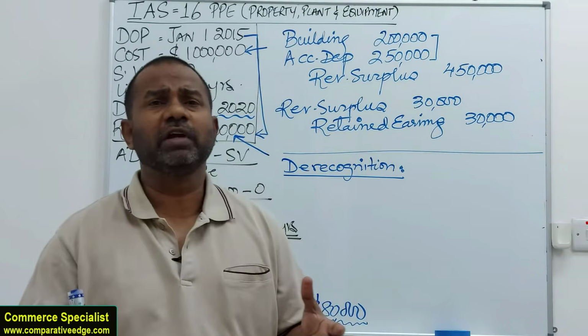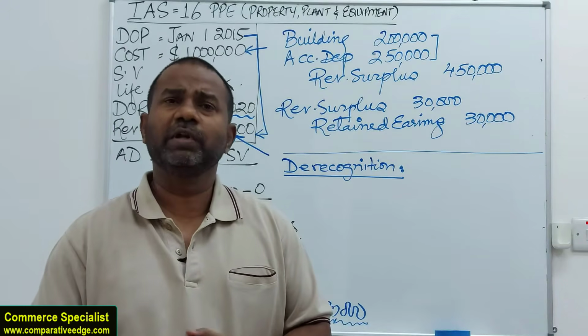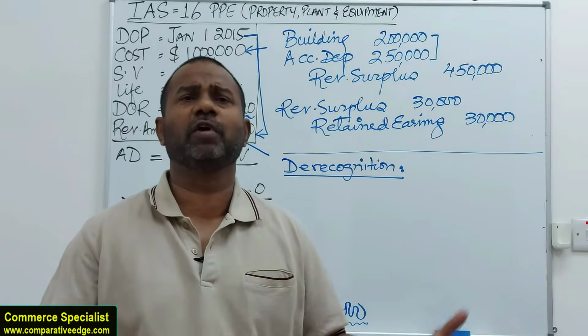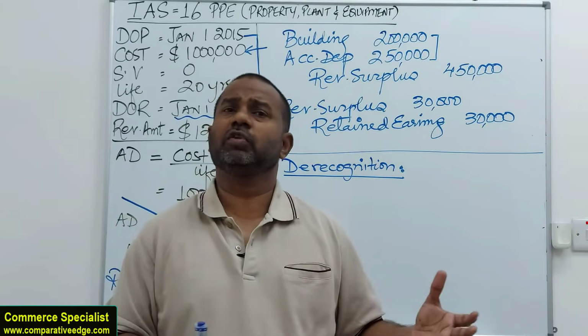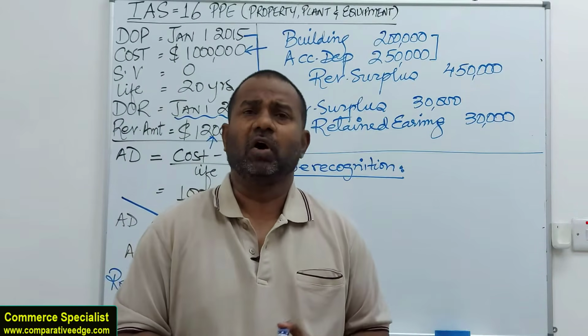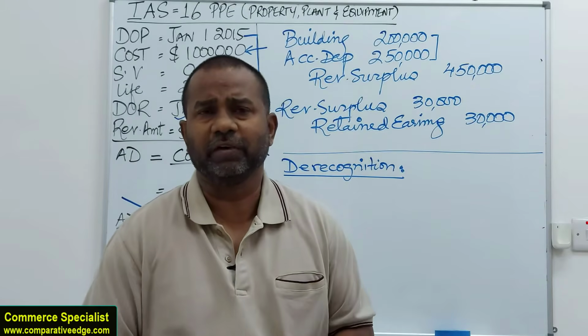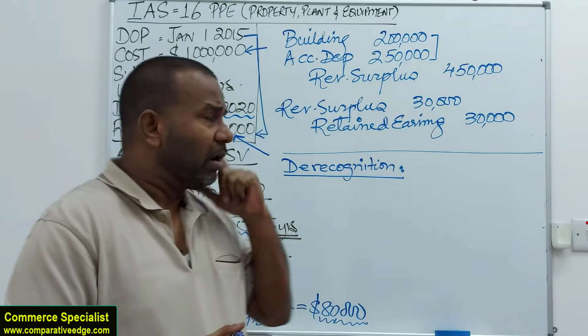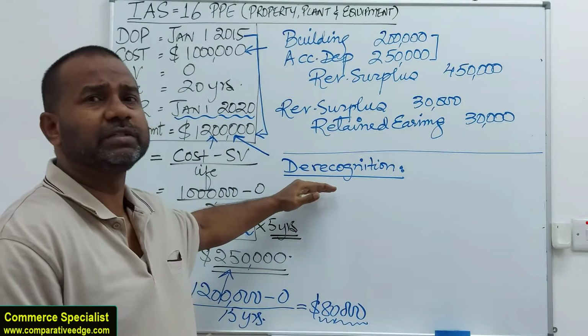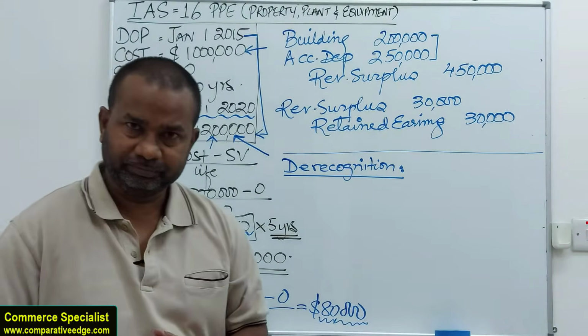It does not generate future economic benefits. They are to be derecognized. Derecognized means removed from the accounting records. So obviously we'll do the calculation of gain or loss on disposal. All gains are added to profits and losses are subtracted. That is what derecognition is about.